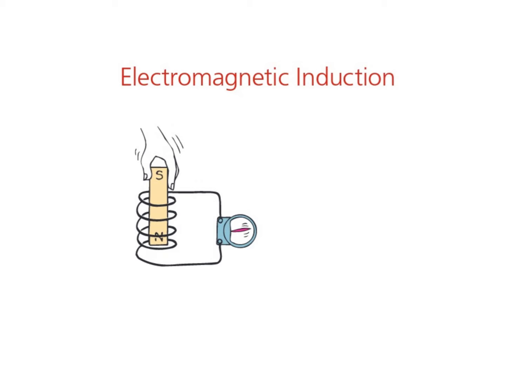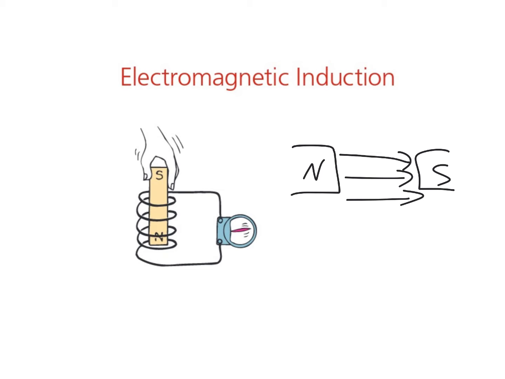Now, another way that you can get alternating current is to have a fixed magnetic field. So for example, here I've got a couple of bar magnets with their north and south poles, so I'm going to get magnetic fields going between them. And if I have a coil in here and I rotate the coil, I spin the coil around, that's going to create the same effect as pushing the magnet in.